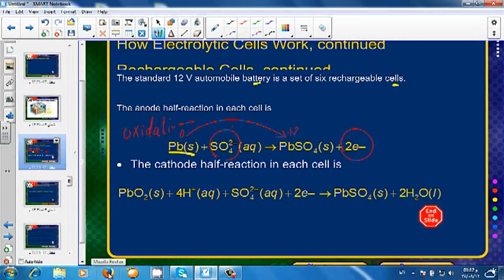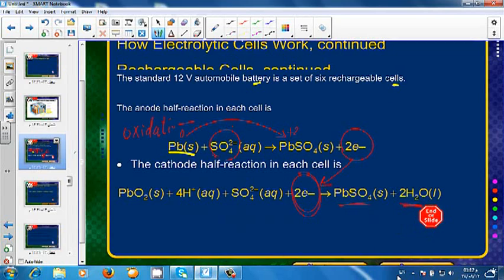The cathode half reaction represents the lead oxide as a solid with 4 hydrogen ions from the solution and sulfate ions from the solution, and the 2 gained electrons from the oxidation step. Together they form lead sulfate again, and liquid water is produced.